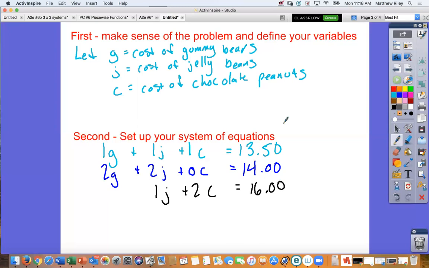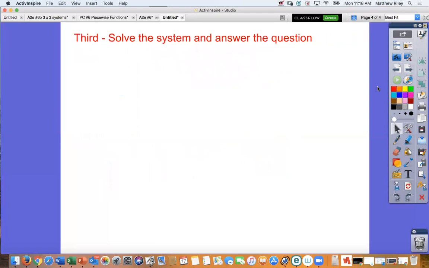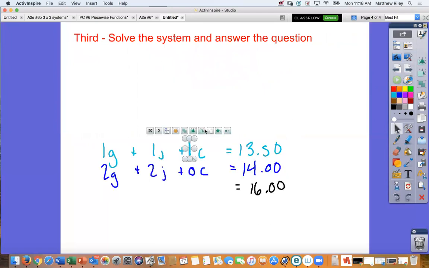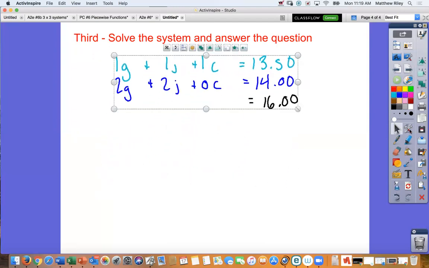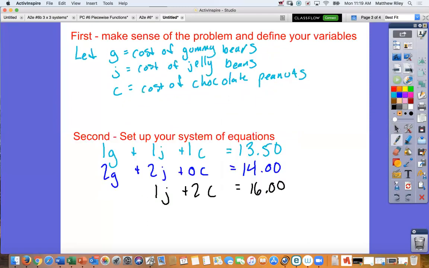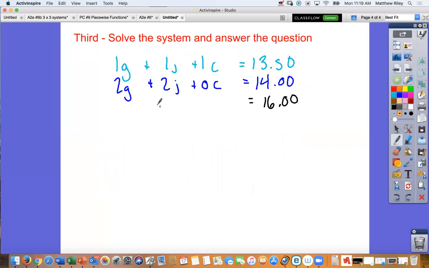Now I'm going to take all of that information and solve it. Let's make sure we've got this right. He had 1 pound of jelly beans and 2 pounds of chocolate.